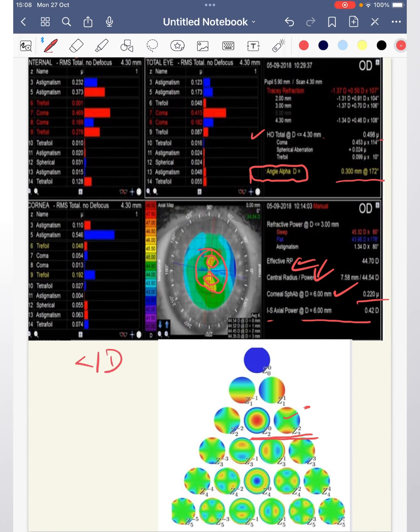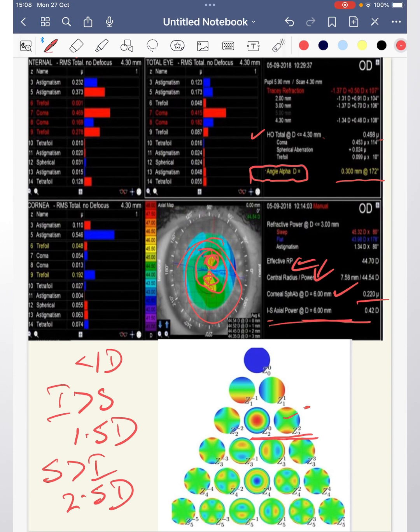For the Pentacam, if the inferior is more than the superior by more than 1.5 diopters, or the superior is more than the inferior by more than 2.5 diopters, then that patient's cornea is regarded as an abnormal cornea, right? So this difference between the superior and the inferior axial power is noted over here.